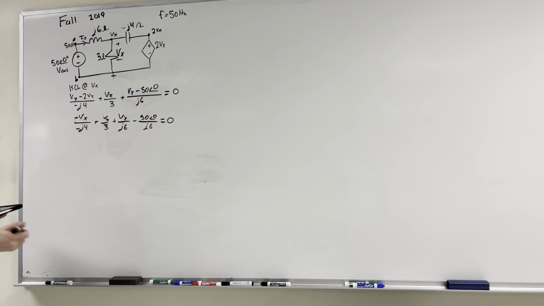Because we're starting here, ending up here, because our current is going from left to right. So then you just plug in Vx right here, and you get 6.51 with a phase angle of negative 75.5 degrees amps, RMS.